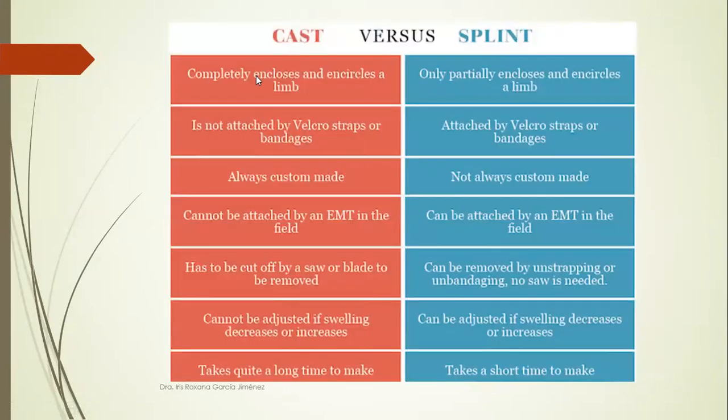We have differences between cast and splint, just as an information slide to take into account when a cast is done and how it must be developed, and when a splint is placed. A splint is partial. We can place and remove it as many times as we need, or maybe replace it, but the cast, no. The cast has to be placed without making a mistake.